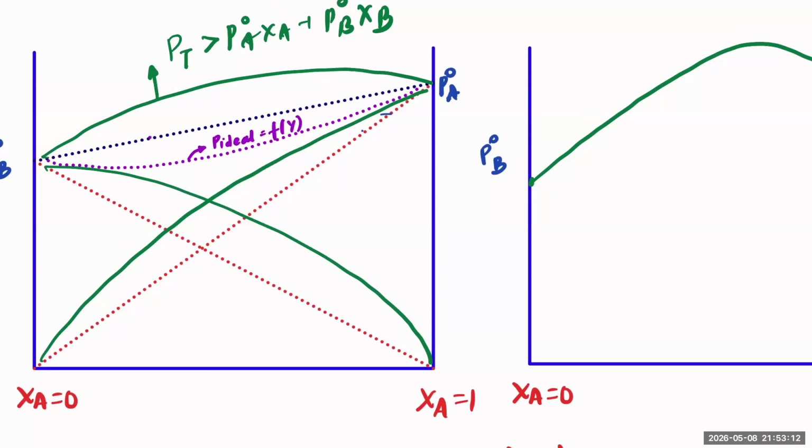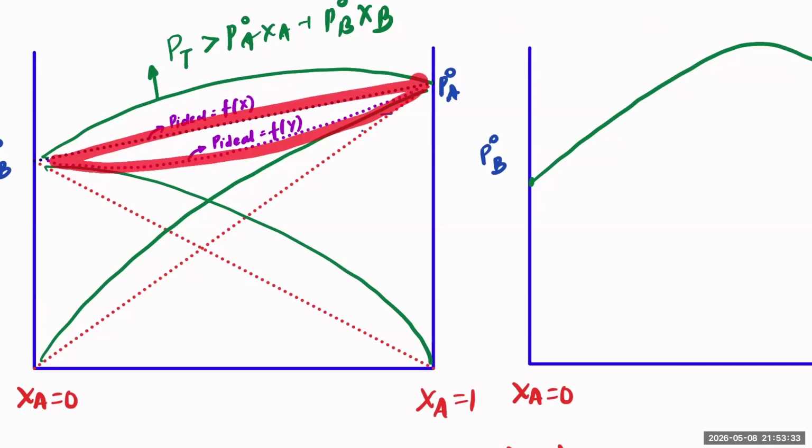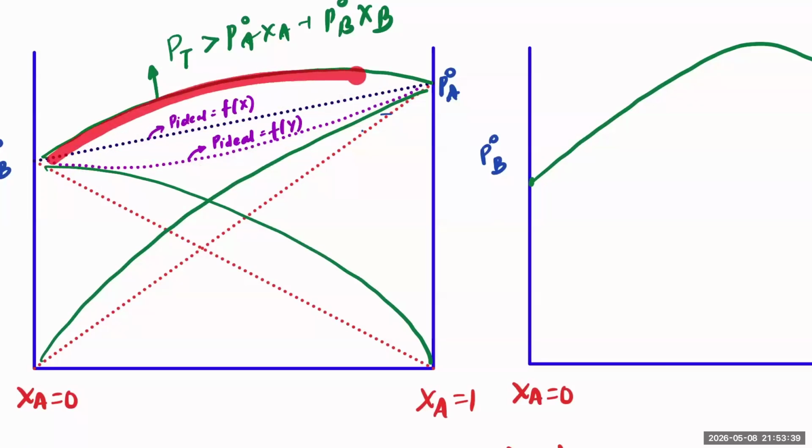This was the ideal pressure, P ideal, as a function of mole fraction in the liquid state, correct? X is the mole fraction in the liquid state, Y is the mole fraction in the vapor state. So this is the total pressure curve for ideal. Okay, one with liquid composition, one with vapor composition. And this is how it should go, correct?